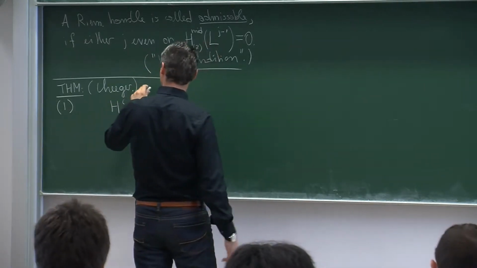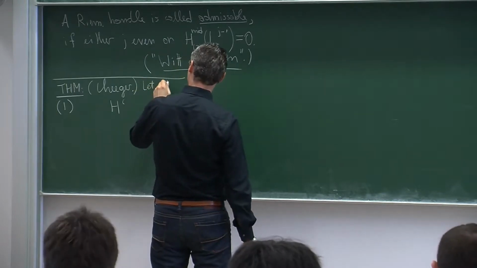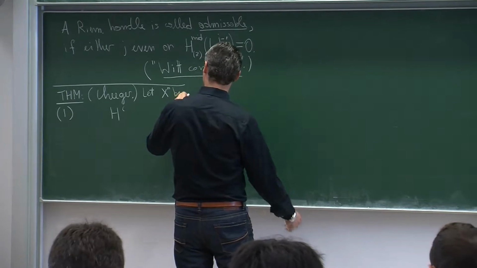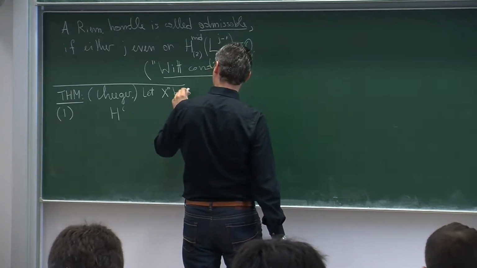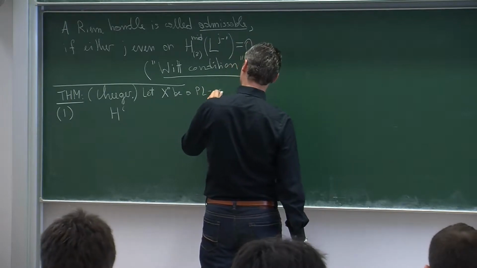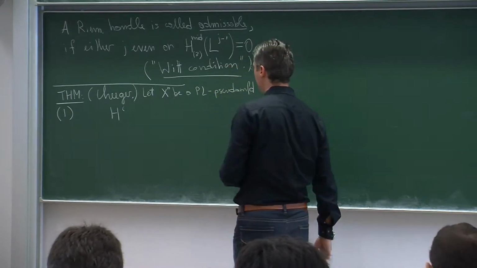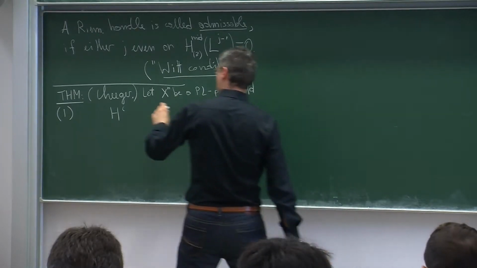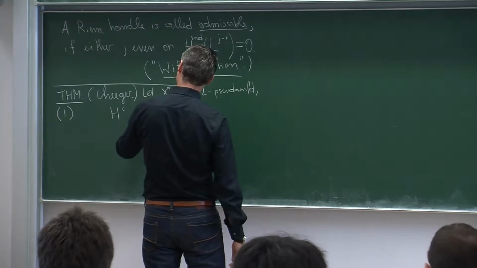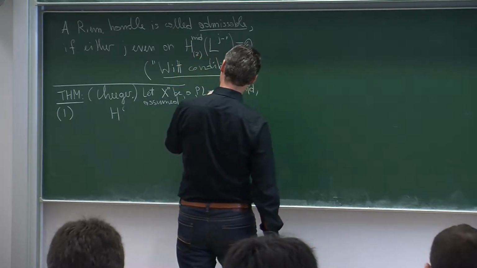The assumptions are: let X^n be a PL pseudomanifold, assumed to be admissible.